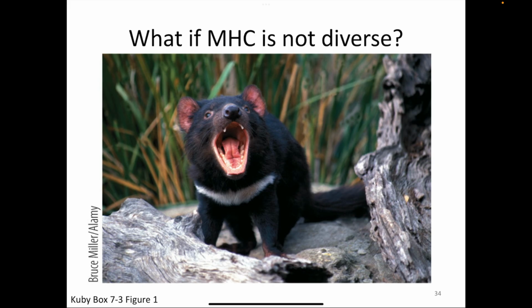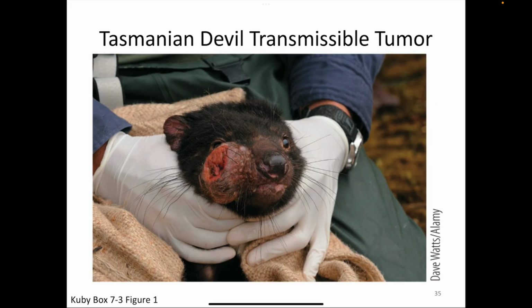Tasmanian devils all have the same MHC. They all spend their time biting themselves and biting each other in the face. And Tasmanian devils are probably going to go extinct because of the Tasmanian devil facial tumor, which is a transmissible cancer. It is one of only two transmissible cancers really well understood that is able to transmit from face skin to face skin of Tasmanian devils because they have all the same MHC.